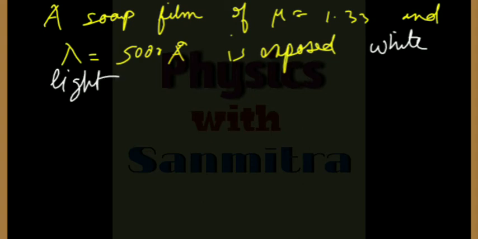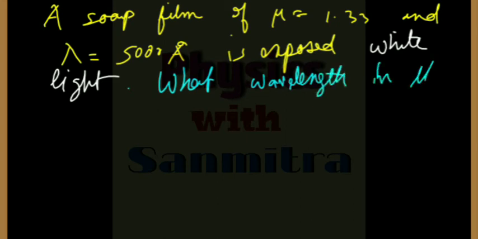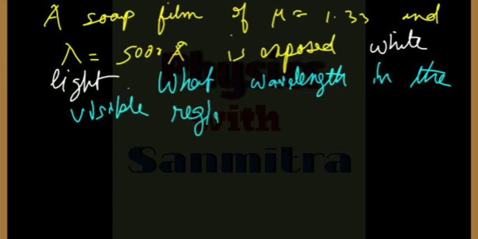White light is a combination of 7 colors, or rather it's a band of colors, a band of wavelengths. The question is, what wavelengths in the visible region are reflected?